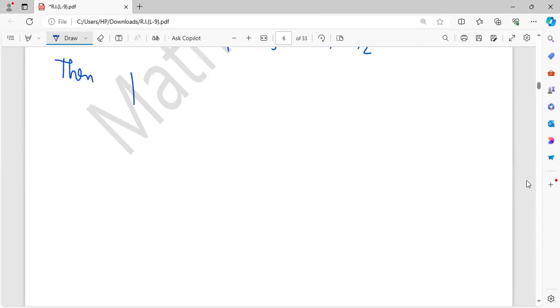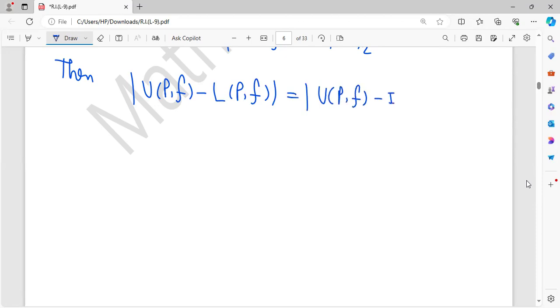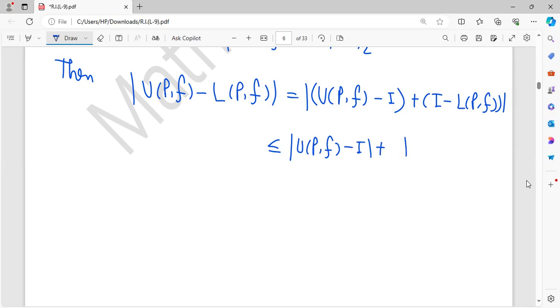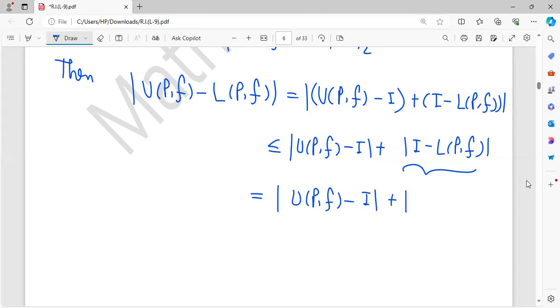Then U(P,f) minus L(P,f) is equal to U(P,f), you can subtract I and you can add I, so U(P,f) minus I plus I minus L(P,f). Because this is absolute value, I can write it as the absolute value of U(P,f) minus I plus the absolute value of I minus L(P,f).